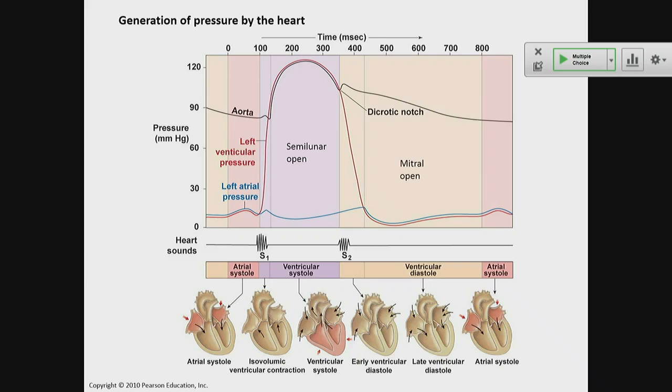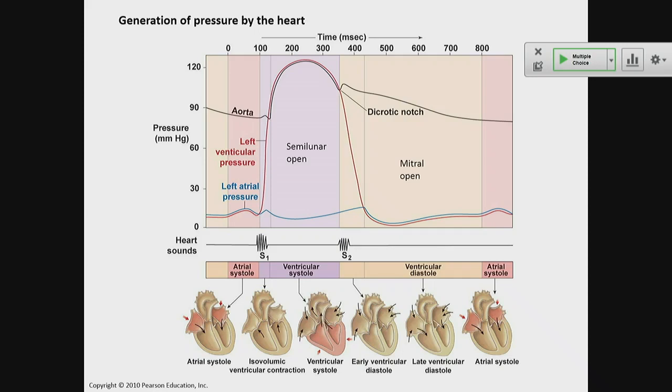Okay, and then you can also see here the pressure inside, so let's go to the venous side. Here is the atrial pressure, and you can see that atrial pressure is always relatively low. But you can see that the pressure inside the heart actually flip-flops between these two values.